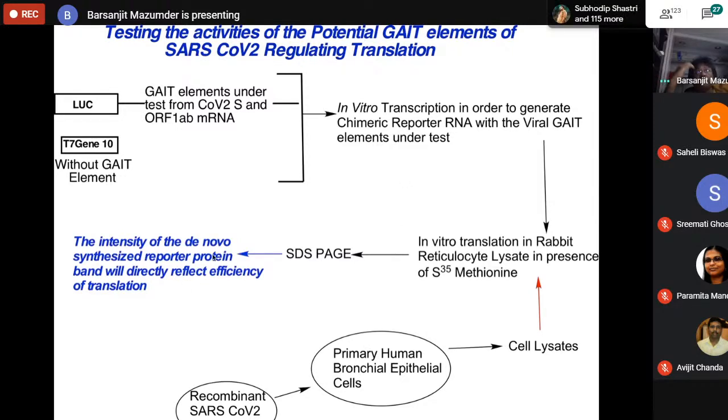We tested this by adding the cell extract to this in vitro translation system, and then ran the SDS-PAGE, where the intensity of the de novo synthesized reporter protein, luciferase, directly reflects the efficiency of translation. We see whether it inhibits under the GAIT element or not.